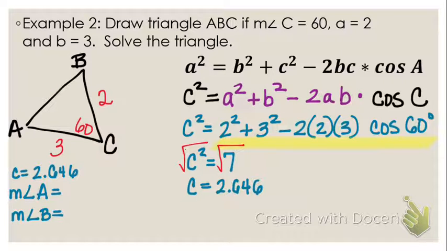We have to stick with the law of cosines to find our next angle. And then after we find the second angle, we can use triangle sum to find the third angle. So now let's find angle A.